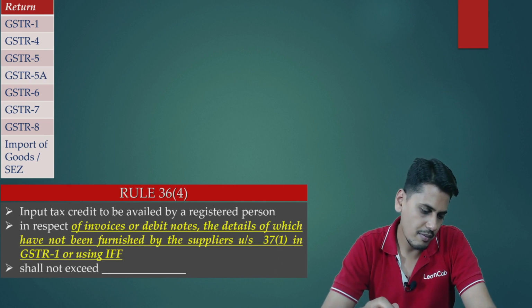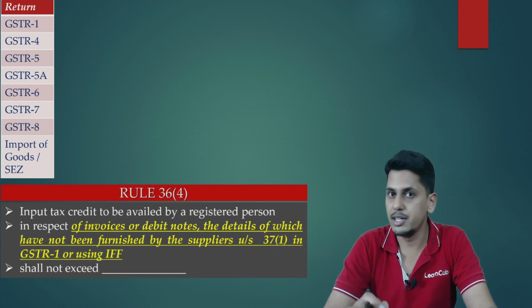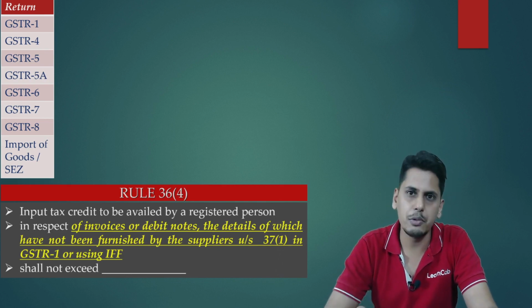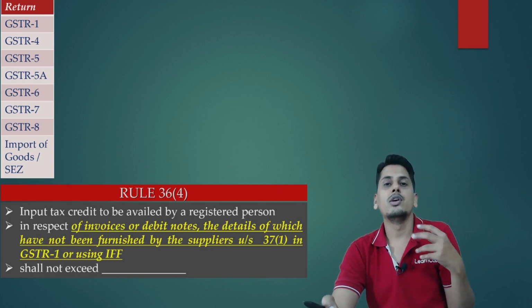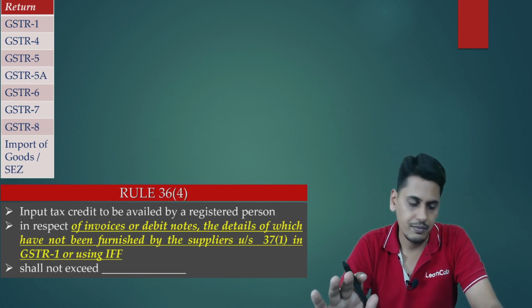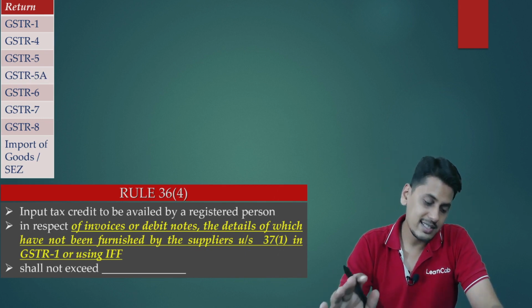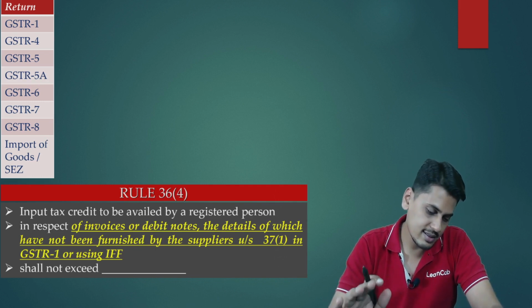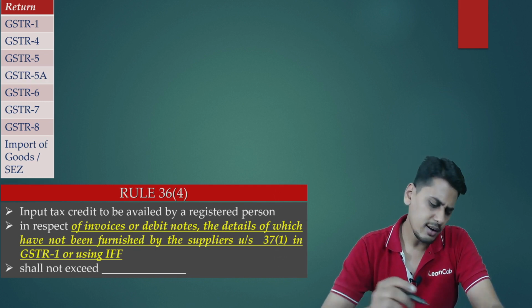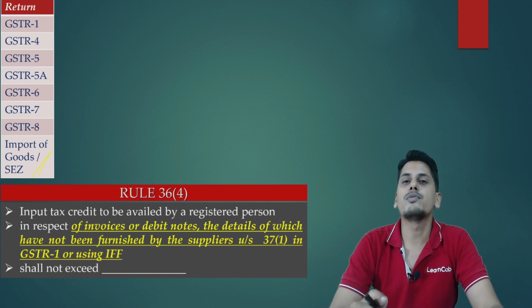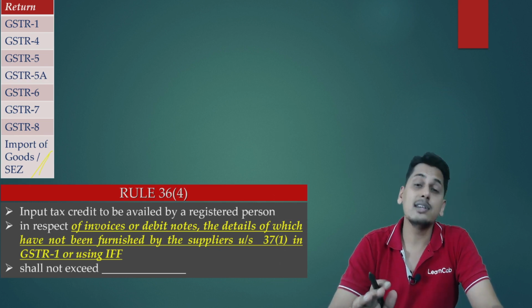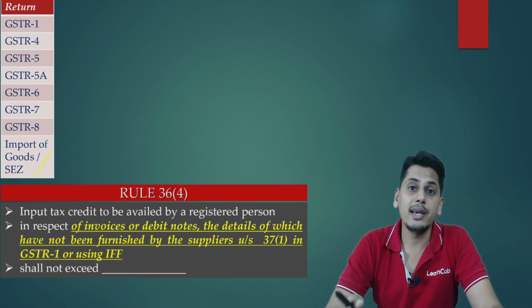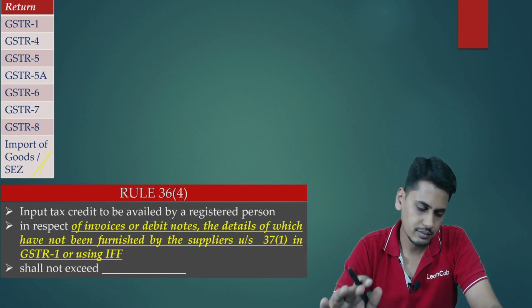Because you have GSTR-1 which needs to be filed, and you have 3B which needs to be filed. 3B is a summary return; you do not give any details of invoices. You have GSTR-4, 5, 5A, 6, 7, 8, and you have additional information, the import of goods or purchase of goods from a special economic zone based on bill of entry.